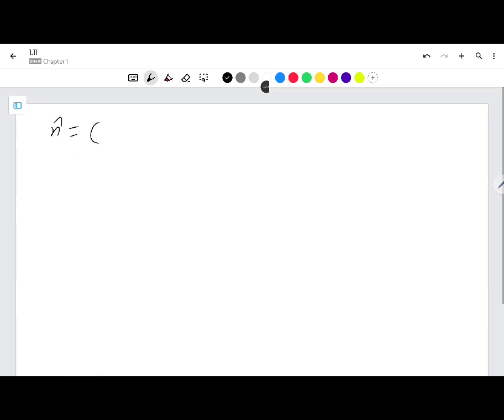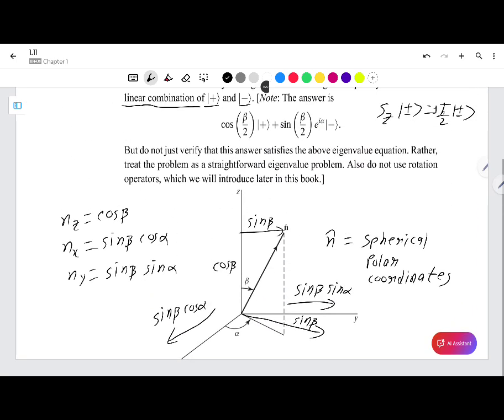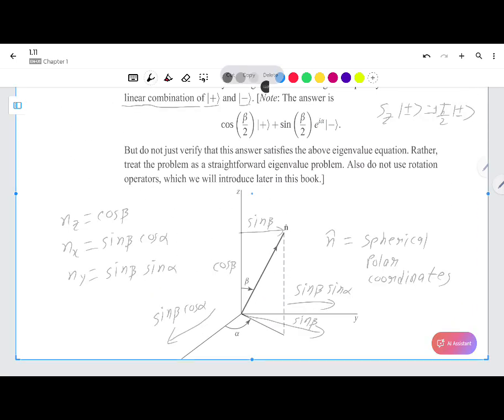Right, so we can just write n as sin beta cos alpha, sin beta sin alpha, and cos beta.